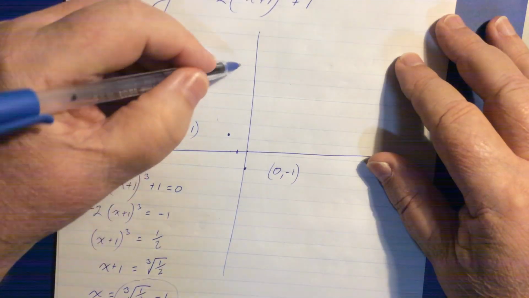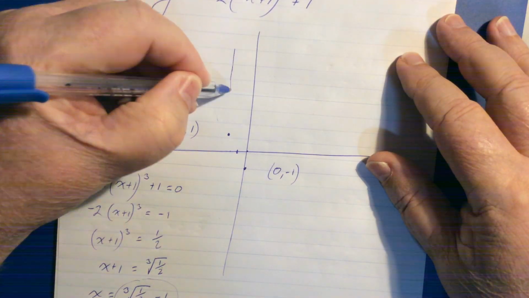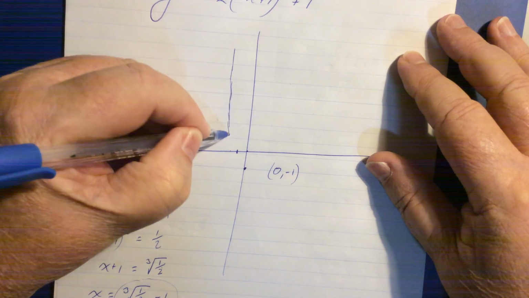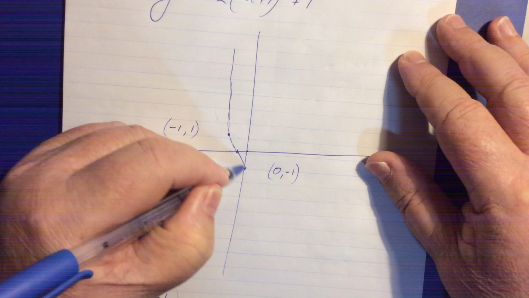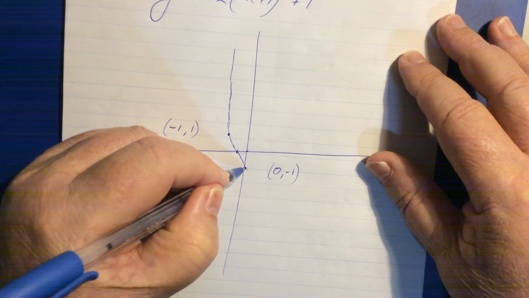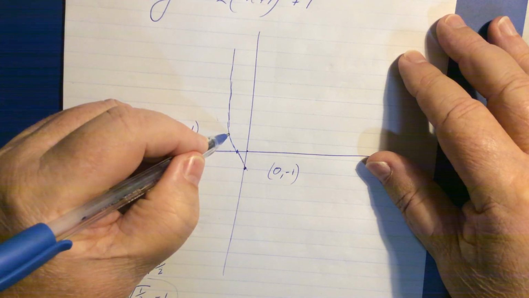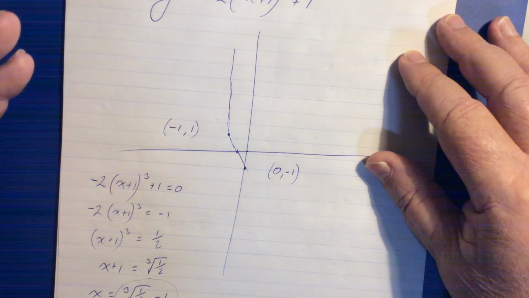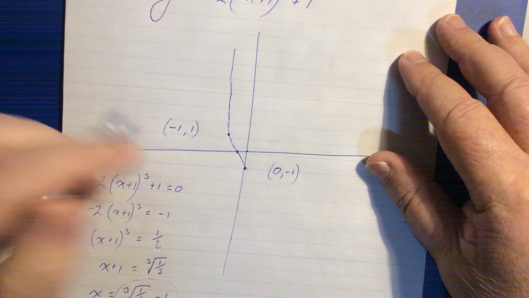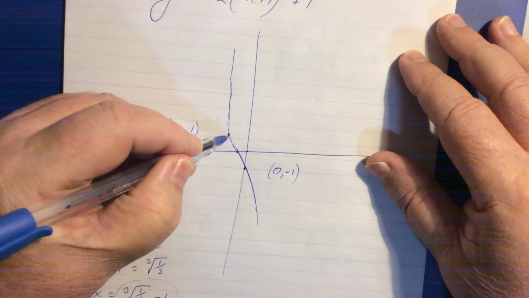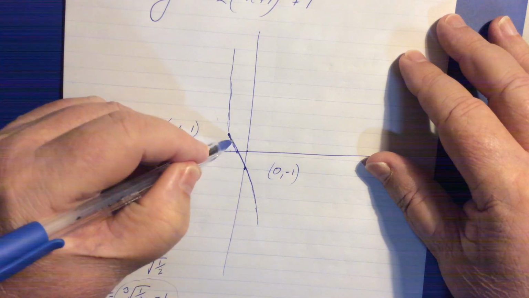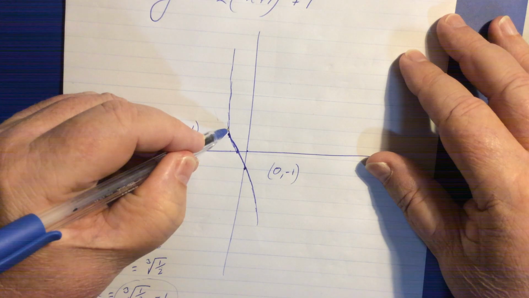So when we draw this thing, we get something like this. And this, remember, our point of inflection. Remember our point of inflection? It was here. So this is badly drawn on my part, but I'm doing my best.